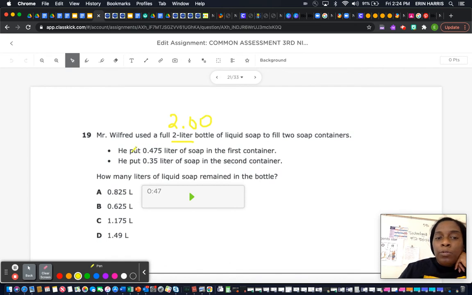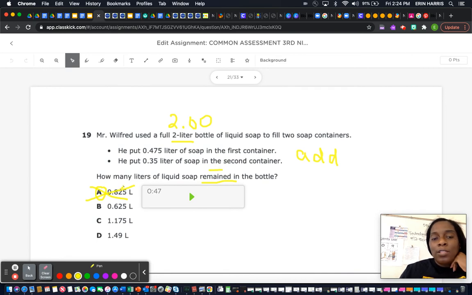A lot of people added 0.475 and 0.35 liters of soap together, but that's all they did. When they added these together, a lot of people answered A, but A is not correct because it says how many liters of soap remained, and remain means that we are going to subtract.